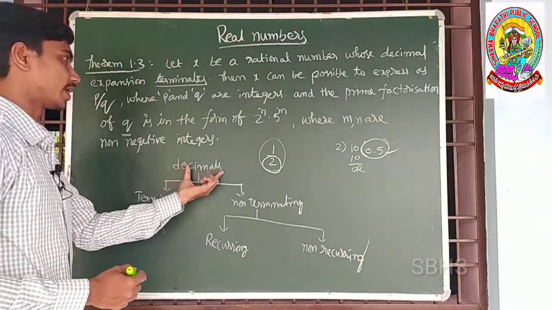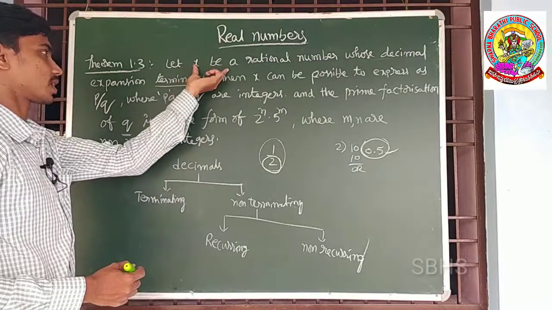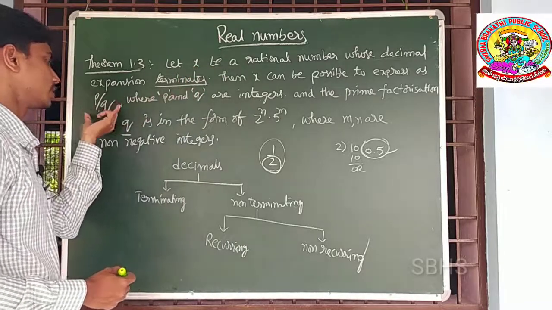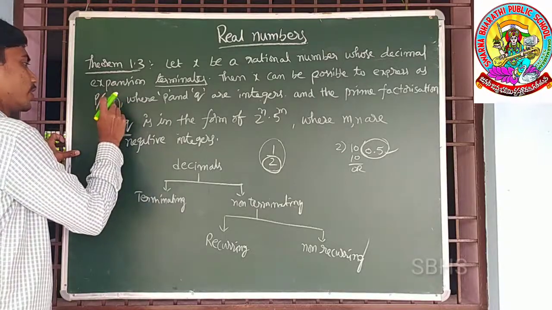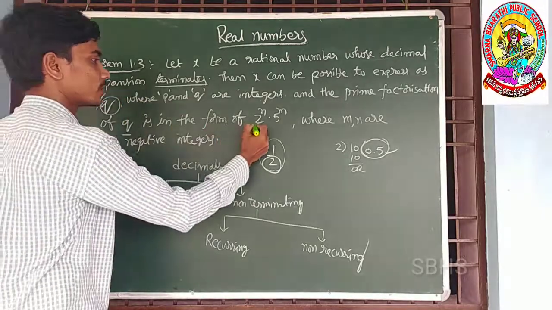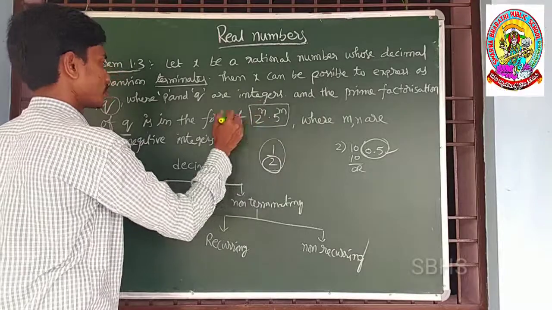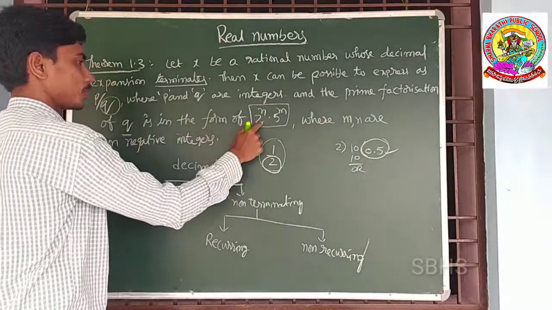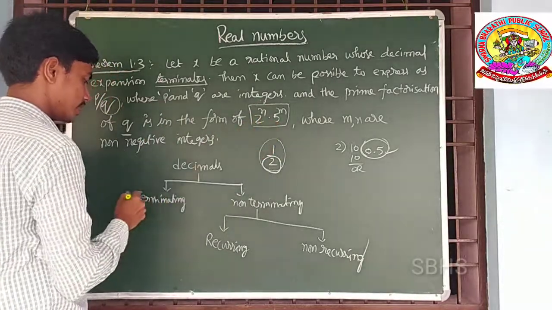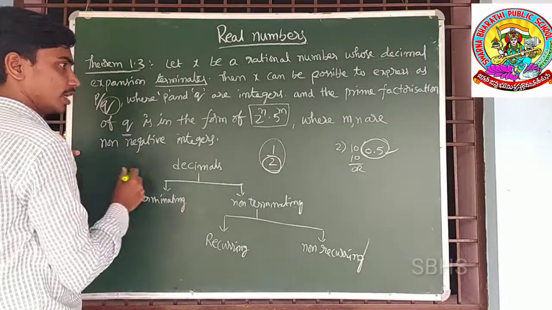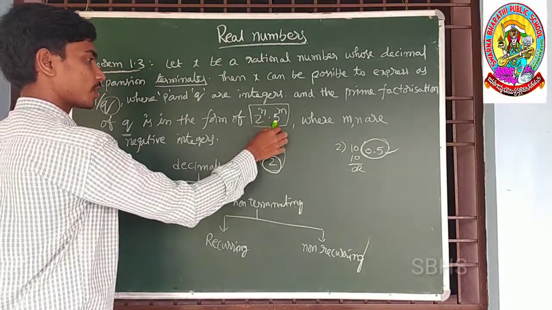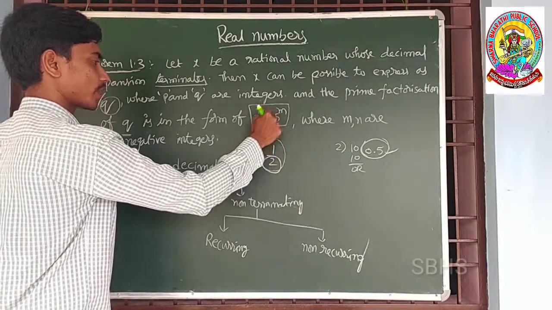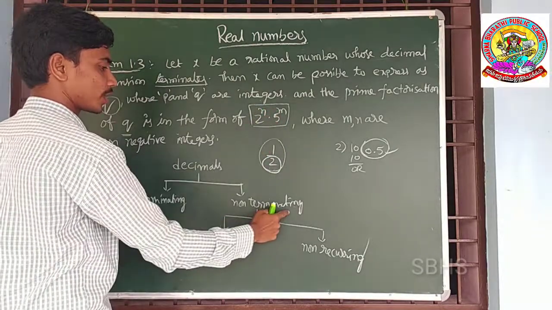If the given rational number is in the form of p by q and the prime factorization of the denominator is in the form of 2 power n and 5 power m, that is a terminating decimal. If it is not in the form of 2 power n or 5 power m, or a combination of 2 power n and 5 power m, it is a non-terminating one.